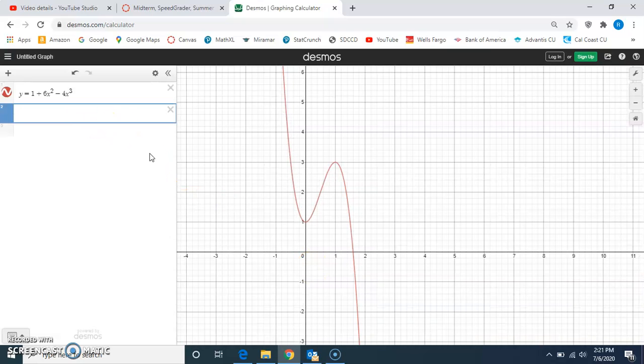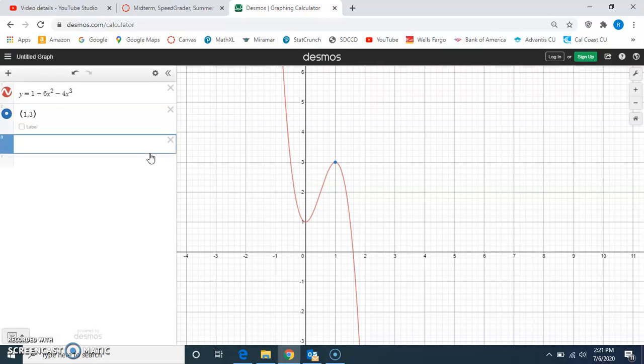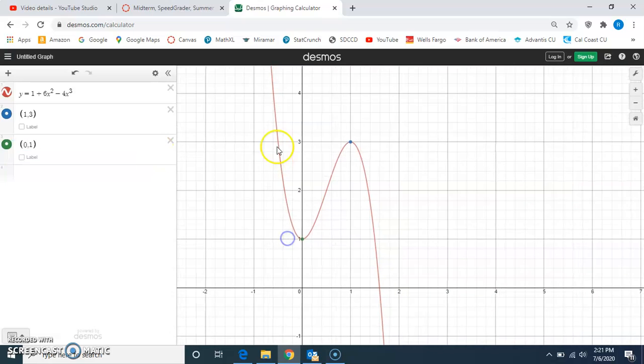And with the second derivative test, we realized that we had a local max at 1, 3 and a local min at 0, 1. And yep, that's definitely the case. And we can tell, yep, here it is concave up, and here it's concave down. And so we get those local min and local max.